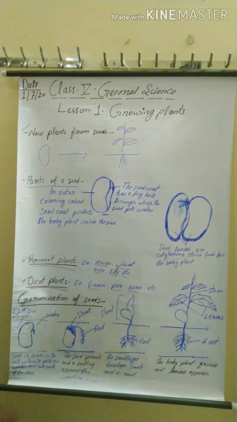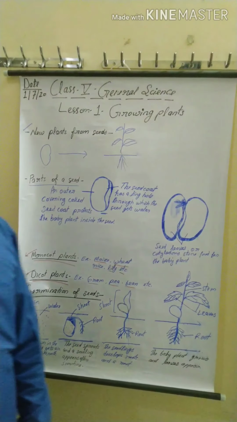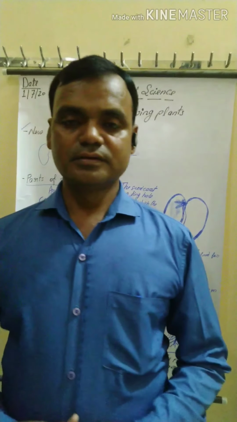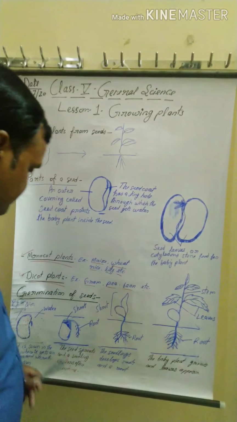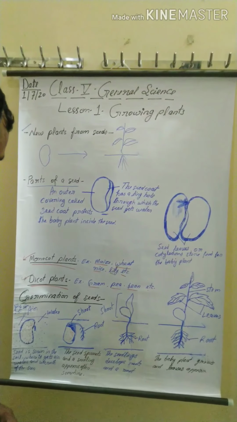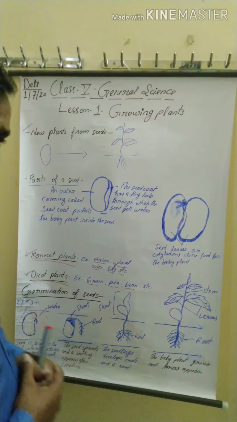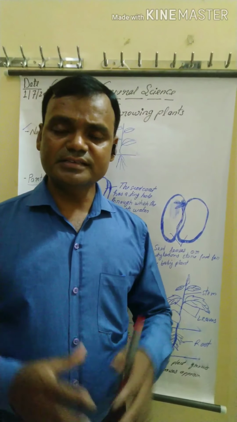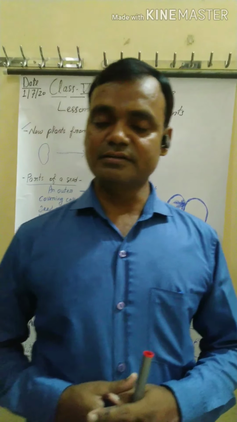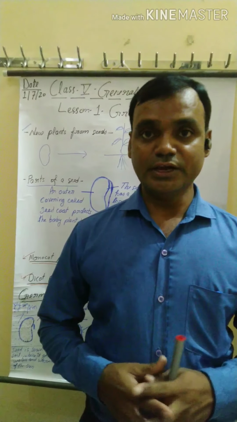Okay, now the next topic is germination of seeds. How does a seed germinate? Now see here the four stages of seed germination. First we discuss one by one. The essential conditions required for seeds to germinate are a proper amount of water, air and warmth.